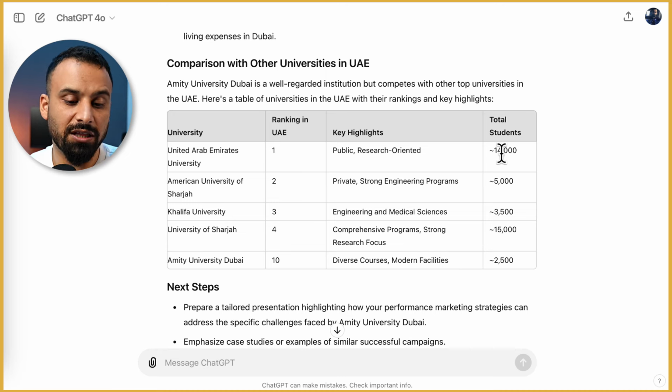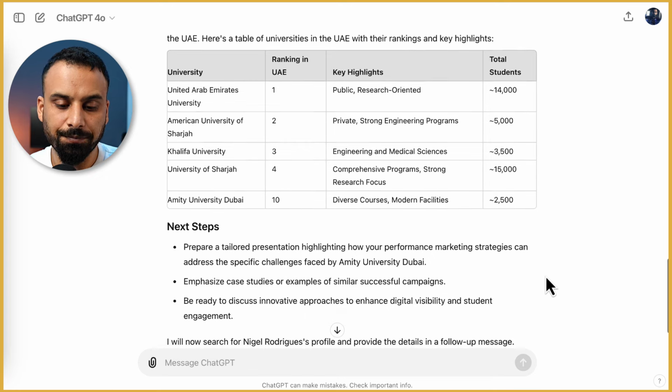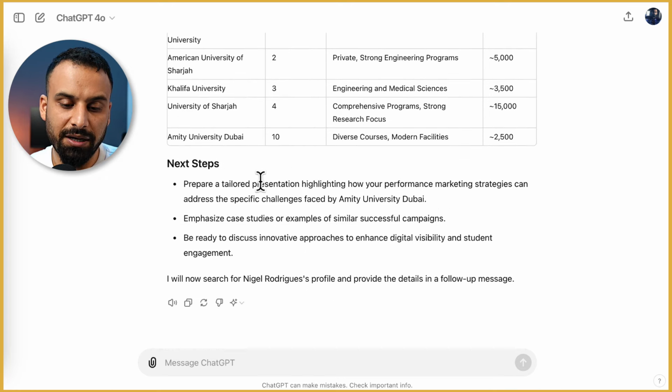Total students: UAE University 14,000, American University of Sharjah 5,000, and so on, while MET University has about 2,500. Next steps: prepare a tailored presentation highlighting how your performance marketing strategies can address this. Okay, I will now search for Nigel Rodriguez's profile and provide details in a follow-up message.